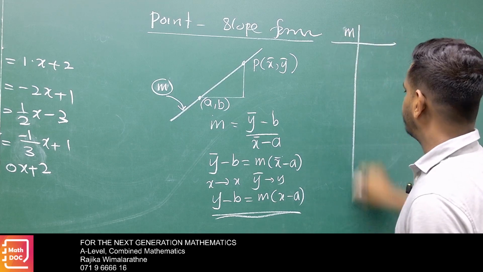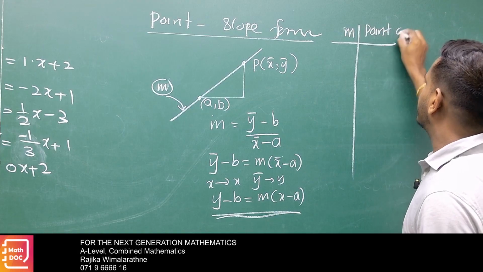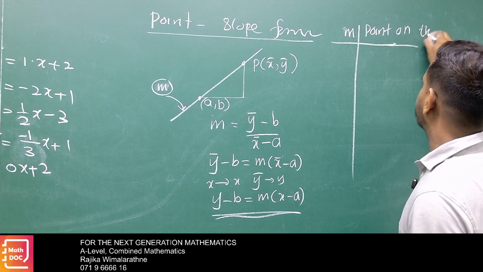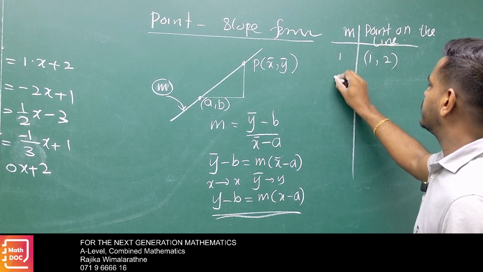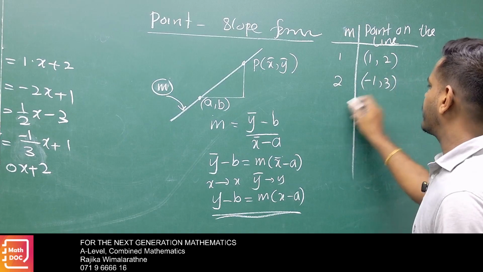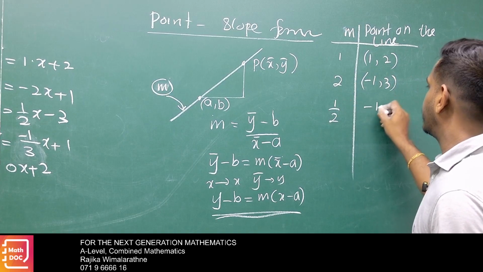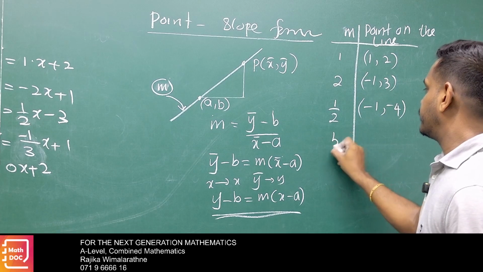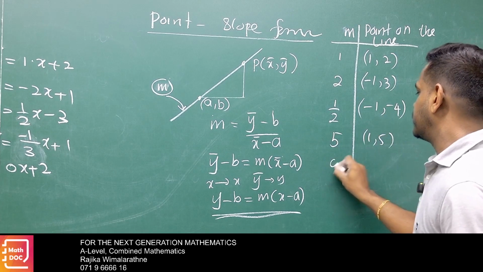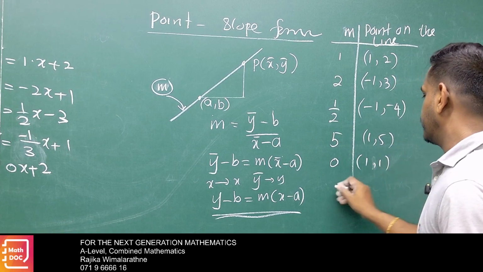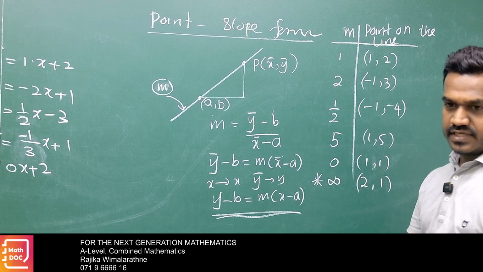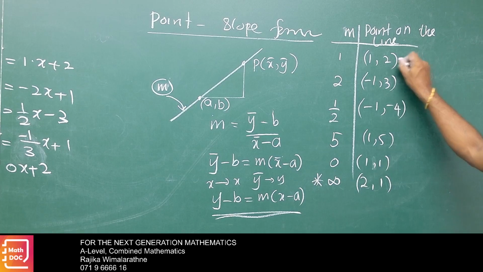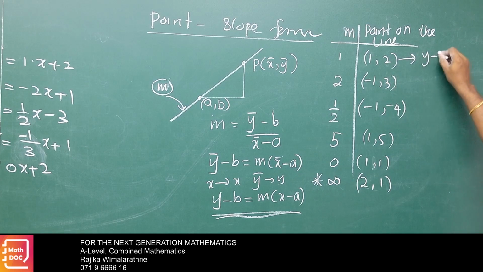So now take gradient m and a point on the line: 1, (1, 2); 2, (minus 1, 3); 1 over 2, (minus 1, minus 4); 5, (1, 5); 0, (1, 1); infinity, (2, 1). The last one is a somewhat special case, gradient infinity. Now see: y minus 2 equals 1 times (x minus 1).